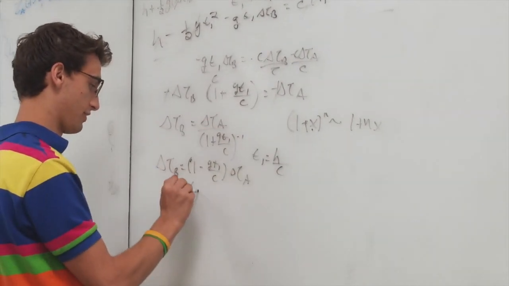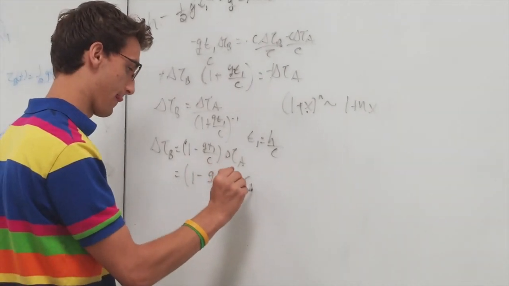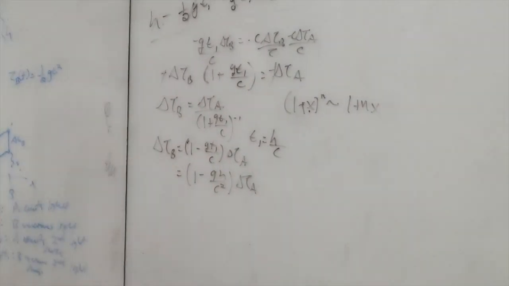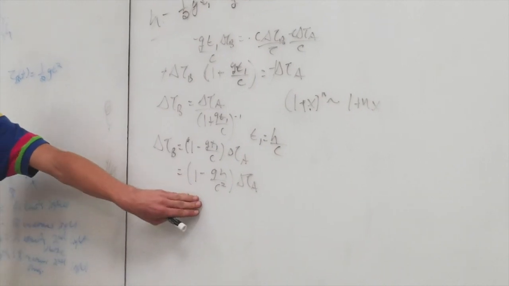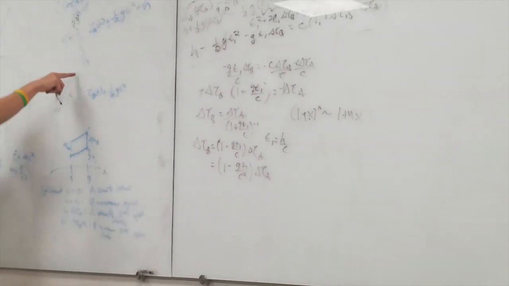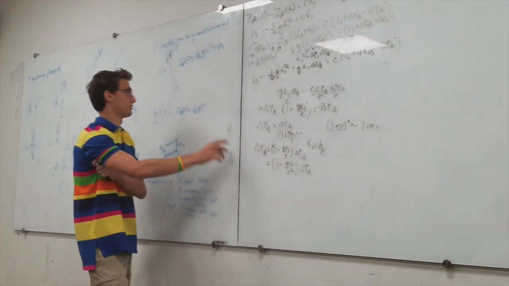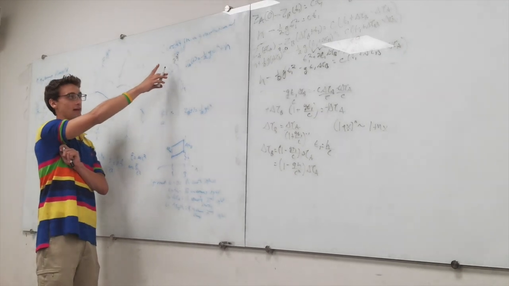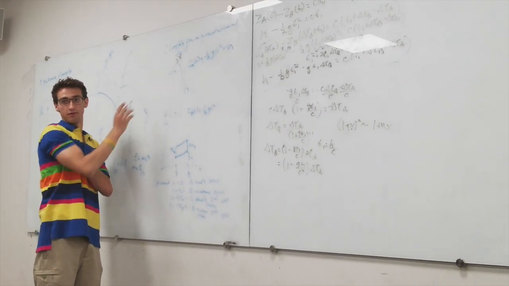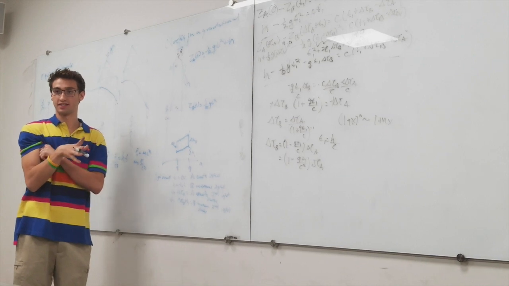So rewrite this as 1 minus g h over c squared. So this is the factor. The clocks differ by this factor. So the clock ticks faster at a higher point in the gravitational field than at a lower point. That's all that's saying. So that's Newton.